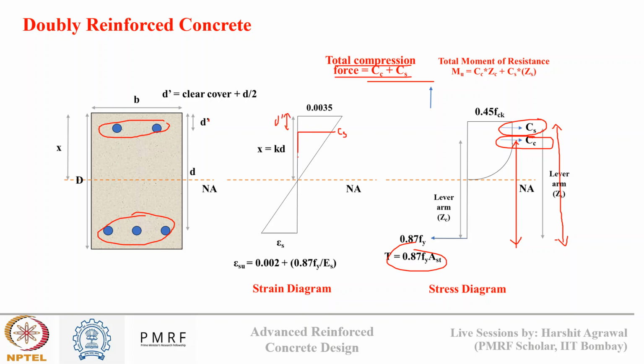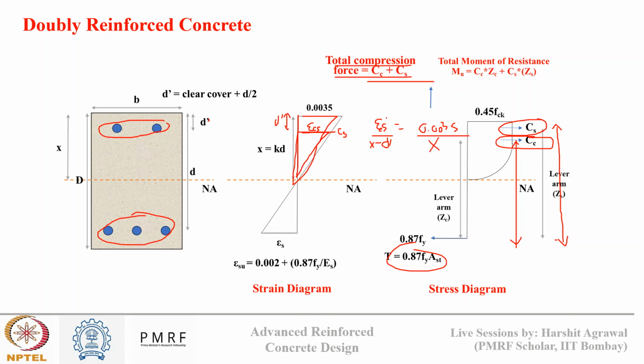So this triangle and this bigger triangle are also similar triangles. So what I can write, and the strain in compression steel I am denoting by epsilon cs: epsilon cs upon x minus d dash is equal to epsilon c, 0.0035, upon this x, the neutral axis depth.